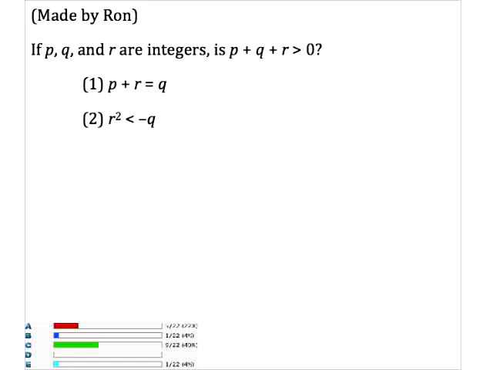So again, notice this question is yes, no. When you get a yes-no question, you have the job description that we talked about in the last problem. When you have a yes-no question, you should try to get a yes, and you should try to get a no. So with statement 1, let's take a look.